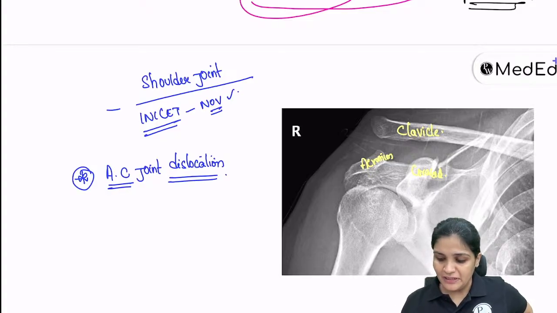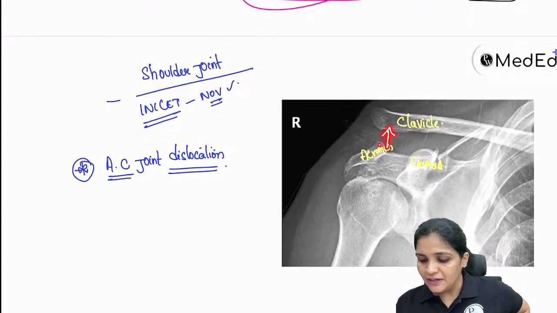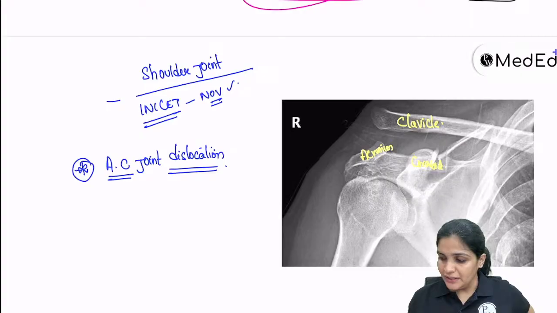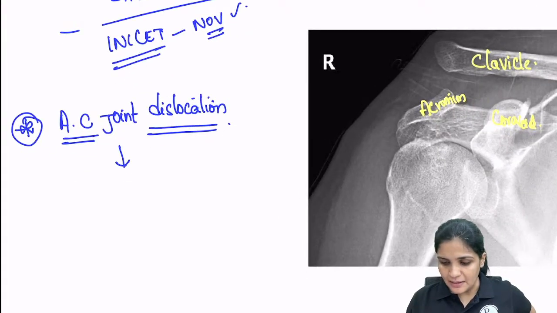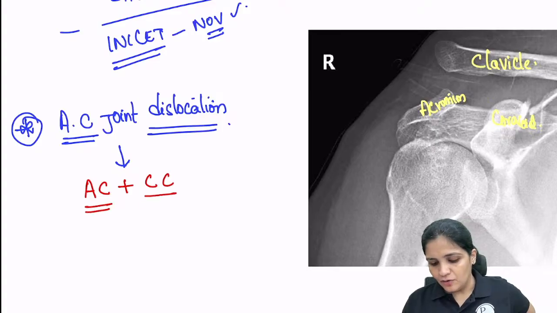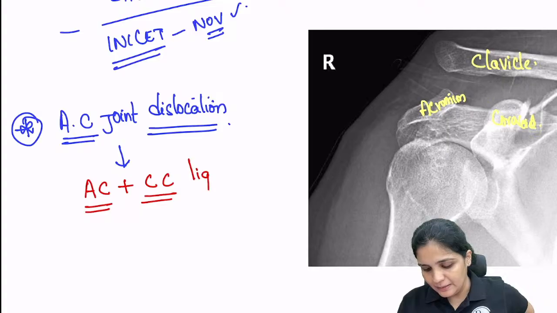So this was the image which was put in the exam, and if you see the difference, this has to be together like this, at the AC joint. But now, because of the disruption of the ligaments, which ligaments have been disrupted here? AC plus CC, acromioclavicular plus coracoclavicular ligament. So there is a ligament disruption, right?